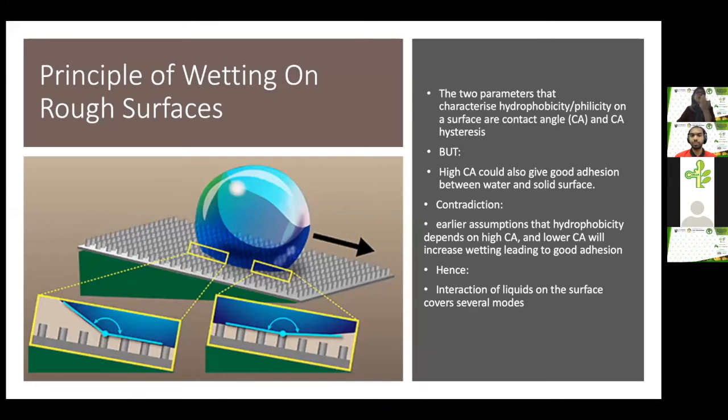So let's look at the principle of wetting. It's not as straightforward as Wenzel or Cassie-Baxter or even Young's model. These are based on assumptions made in 1936, a very long time ago, when we were not able to visualize and study the surface.